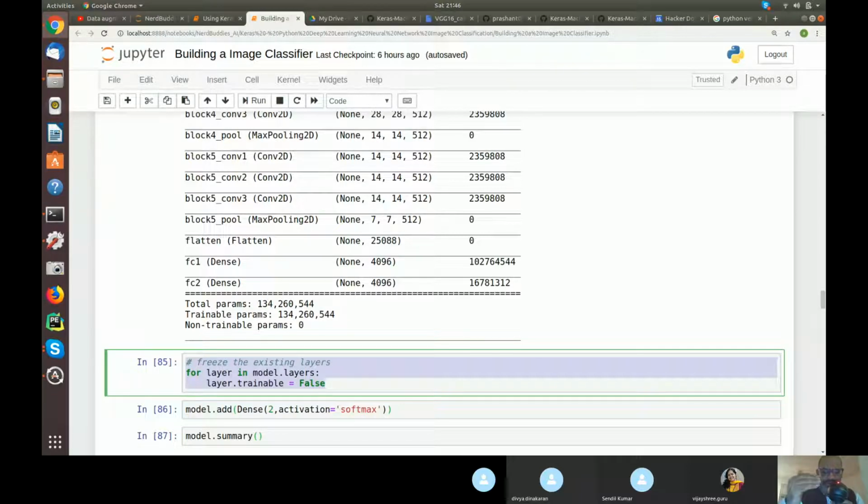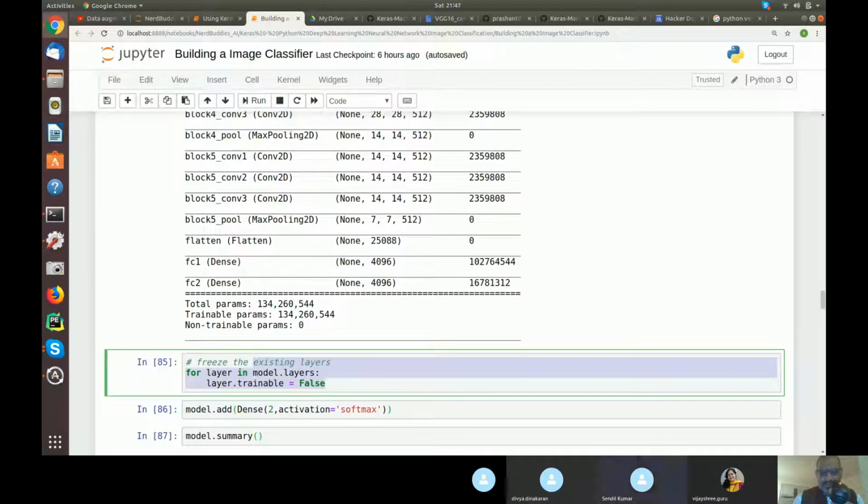Because the way it works is in the first few layers it'll learn things that are more fundamental, more simple, like lines and circles and so on. In the final layers it'll combine those lines and circles to figure out this is the face of a bird, this is the face of a dog, and so on. So you can freeze the initial layers and unfreeze the later layers. So you can play with all those things.